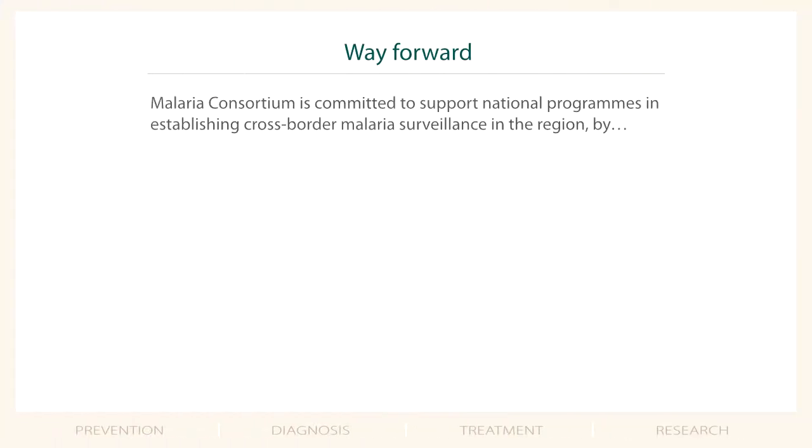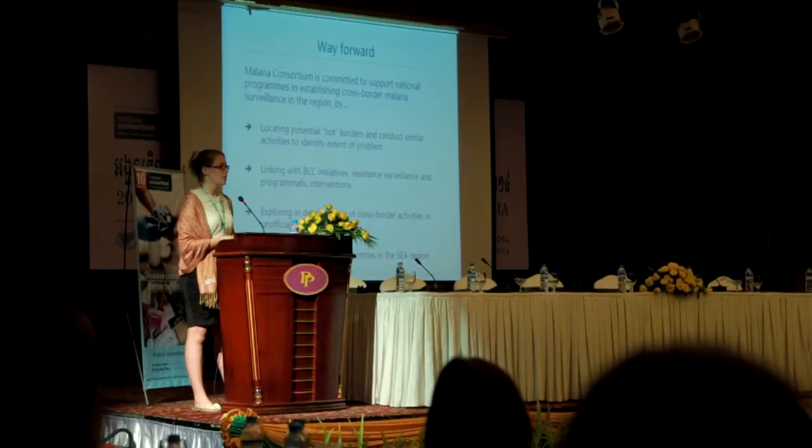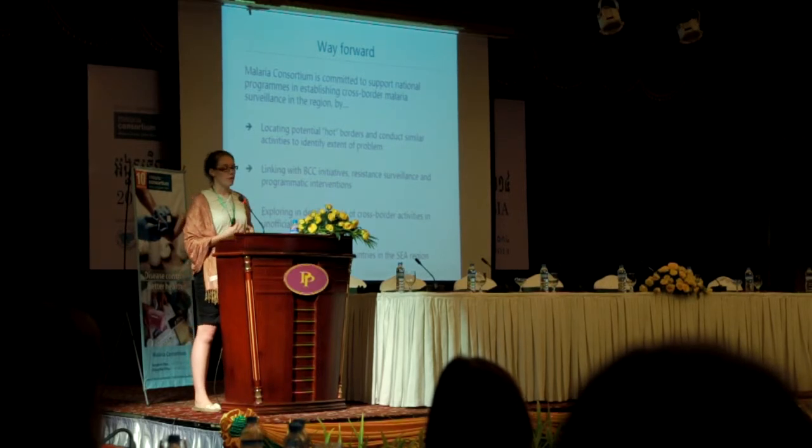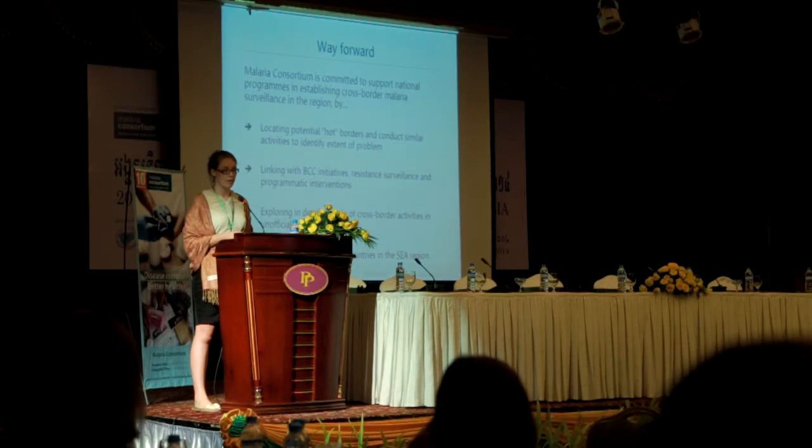So how do we move forward from this, aside from putting in surveillance activities at that border point? Well, Malaria Consortium is committed to using these results and building upon them to support the national programs in establishing cross-border malaria surveillance at border points. So from this, there will probably be other hot border points similar to Trapang Kriau.